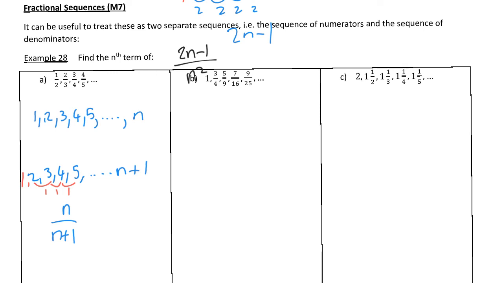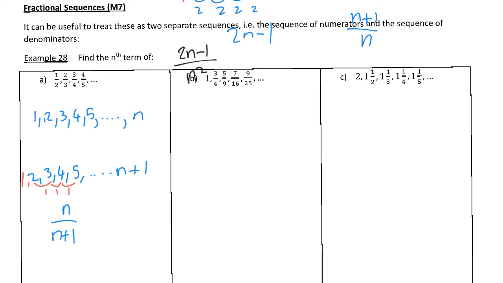Again, the denominator is n, so the third term in the sequence, the denominator is 3, the fifth term is 5, so the nth term is going to be n. And hopefully we can see as well that the numerator is 1 greater than the denominator, so it's going to be n plus 1. So combining those together, we get n plus 1 over n.